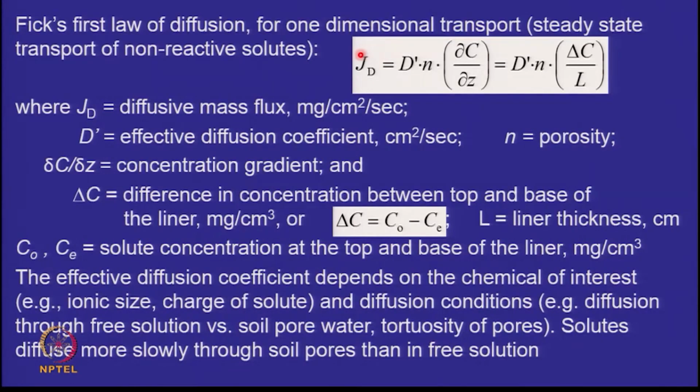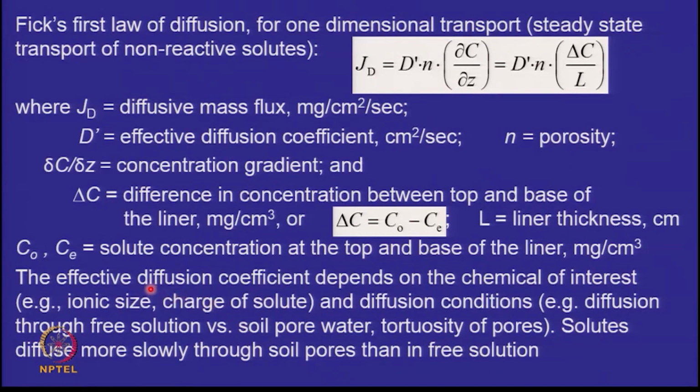Please tell me what is the diffusive mass flux. So you have been given D dash, you know delta C, 600 minus 0, you have the liner thickness. So having these components, you can find out the JD.